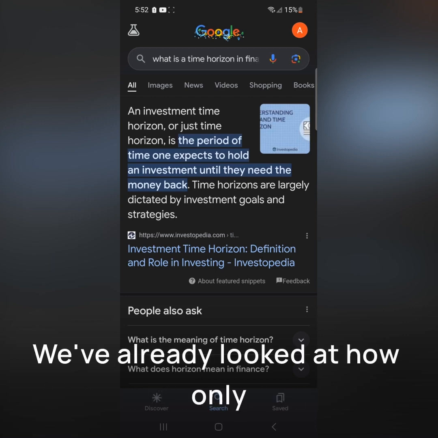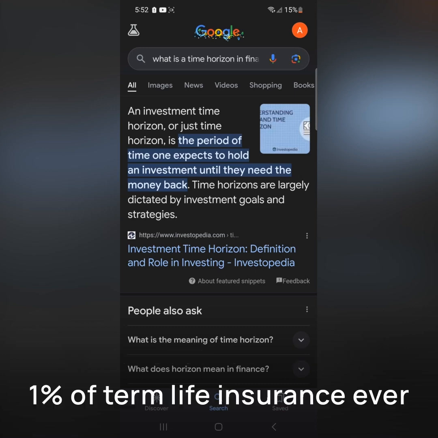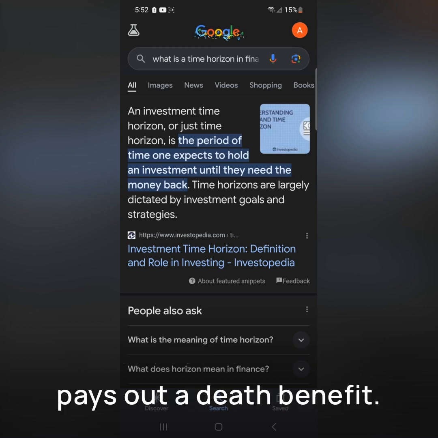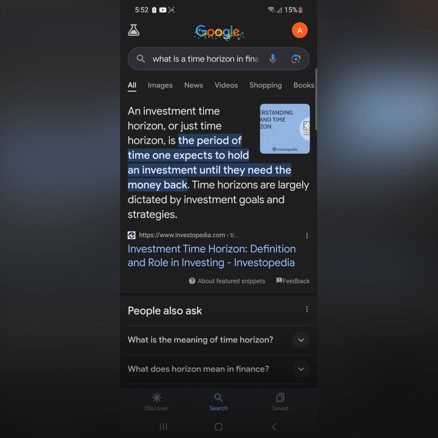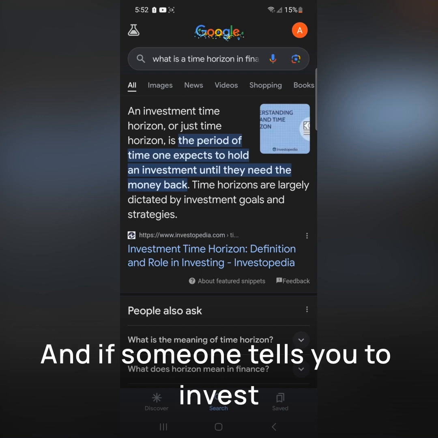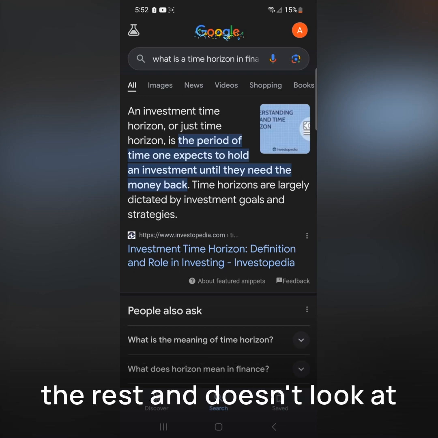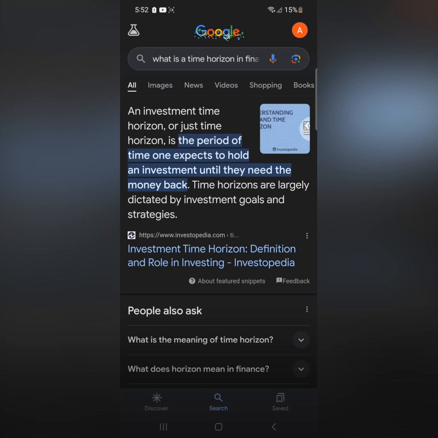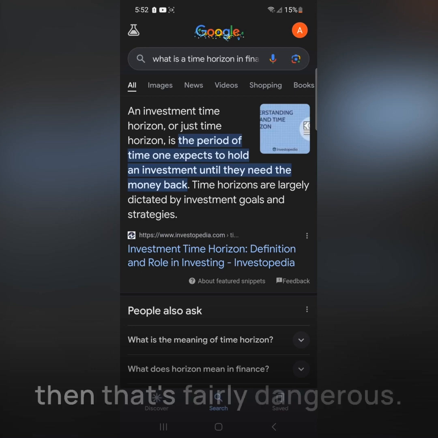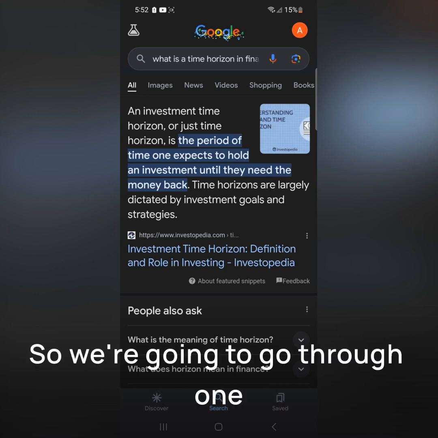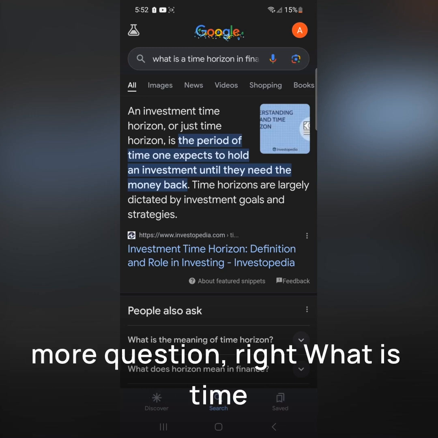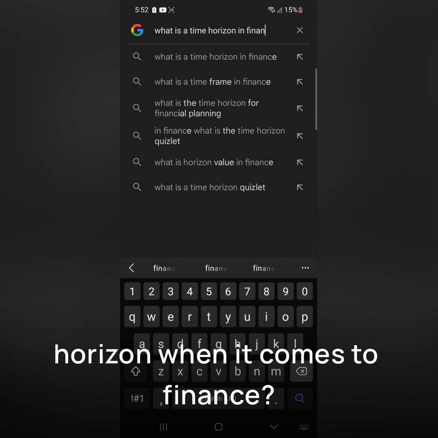We've already looked at how only 1% of term life insurance ever pays out a death benefit. And if someone tells you to invest the rest and doesn't look at things like your time horizon or risk tolerance, then that's fairly dangerous. So we're going to go through one more question, right? What is time horizon when it comes to finance?